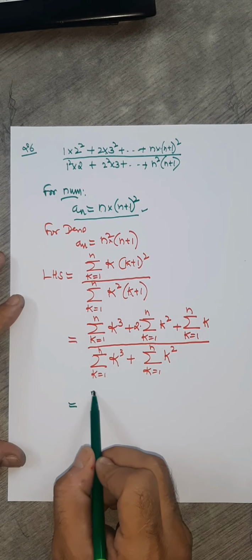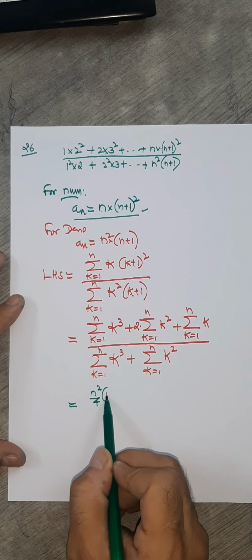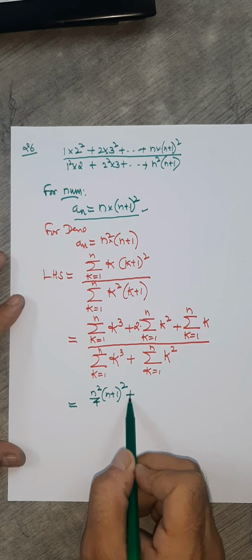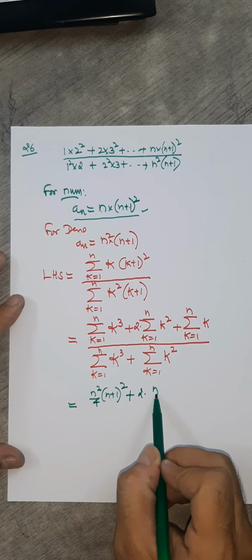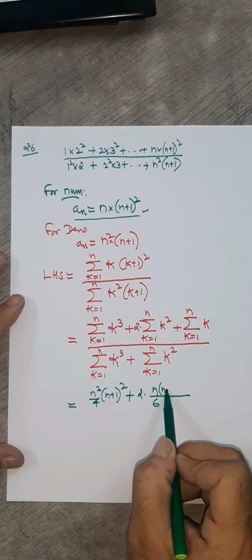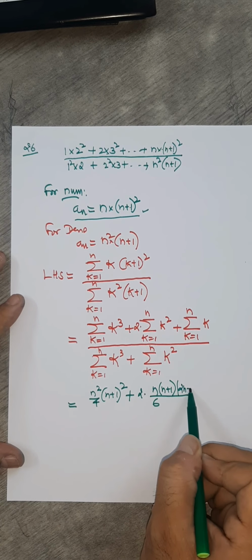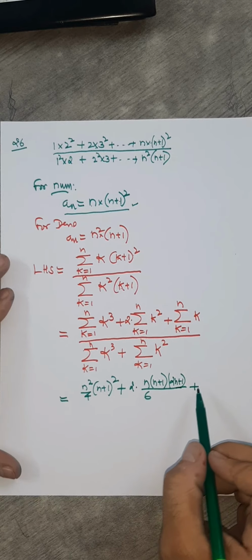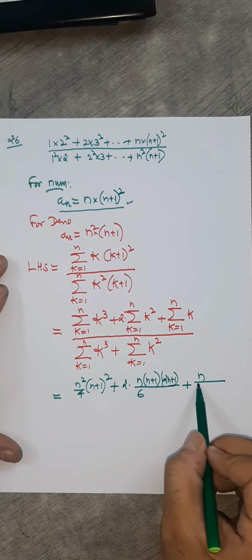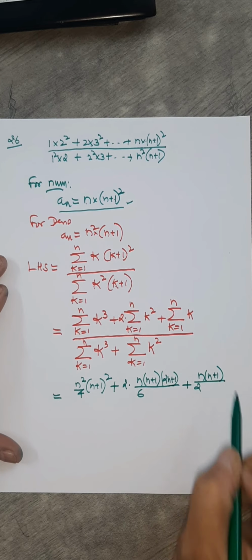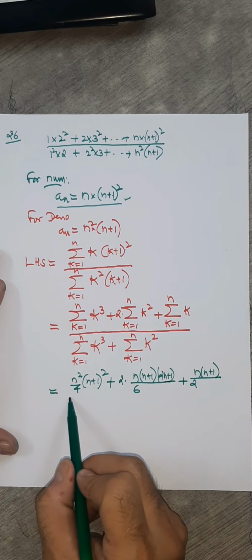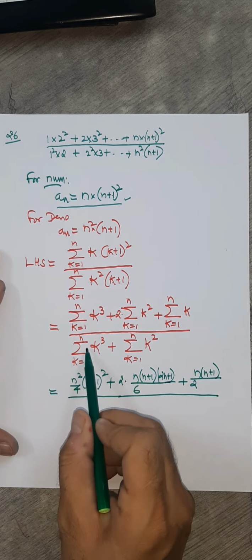What is this? You know, n square by 4 into (n plus 1) whole square. This 2 as it is. What is this? n by 6 into (n plus 1) into (2n plus 1). Plus, what is this? It is nothing but n by 2 into (n plus 1). Upon, what is this?